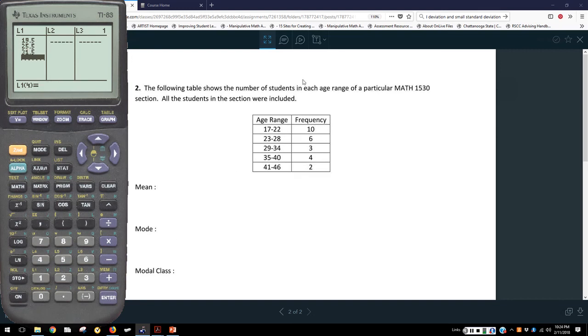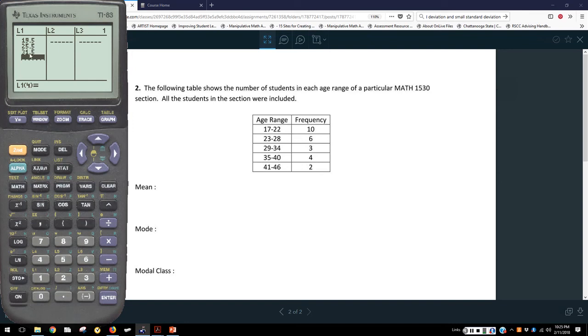But I would also point out to you that if you pay attention to your class width, 23 minus 17 was 6. 29 minus 23 was 6. 35 minus 29 was 6. 41 minus 35 was 6. My class width is 6. 19.5 plus 6 is 25.5.